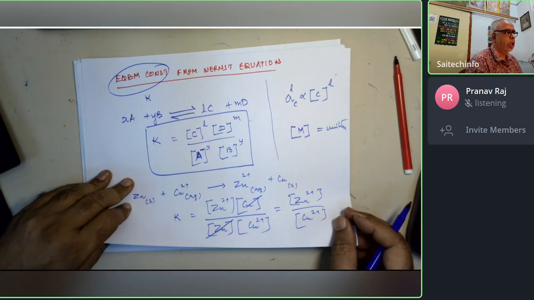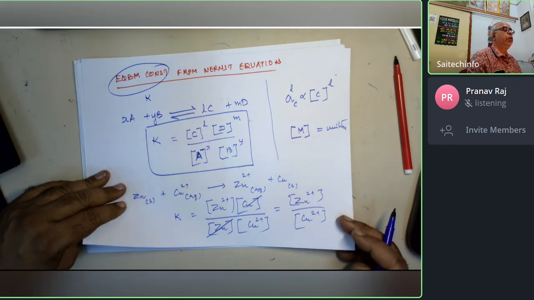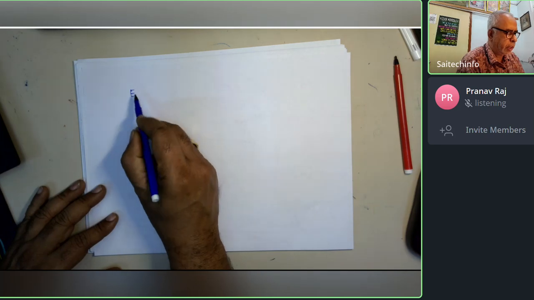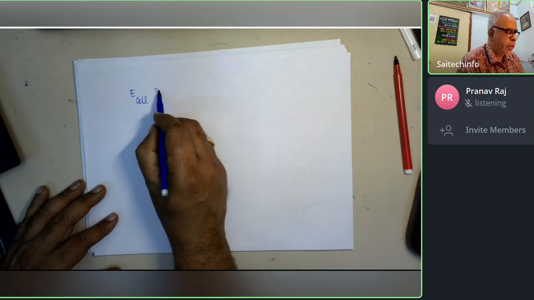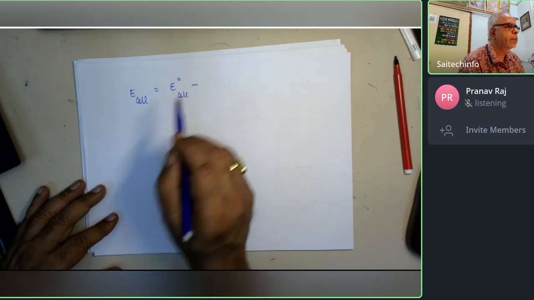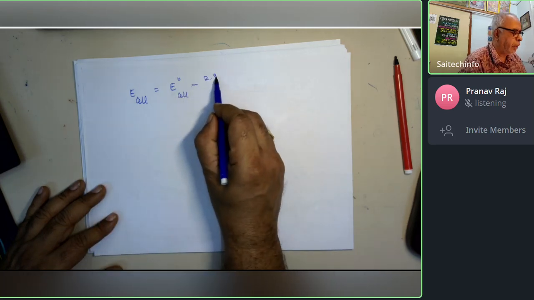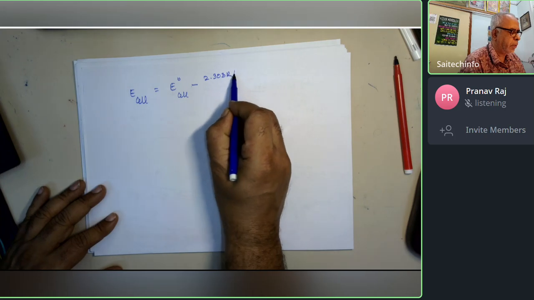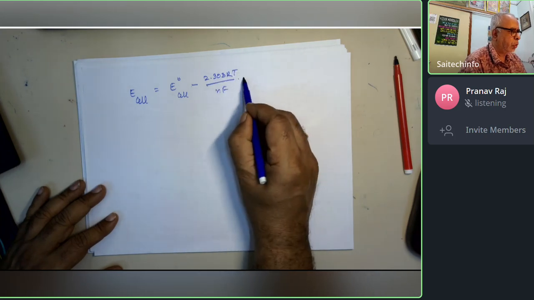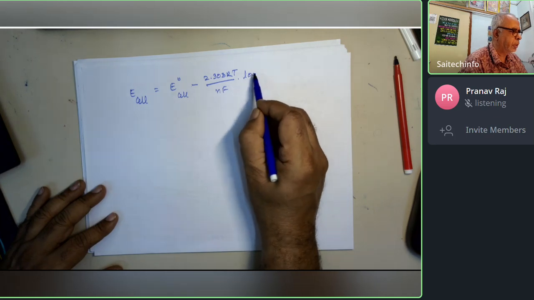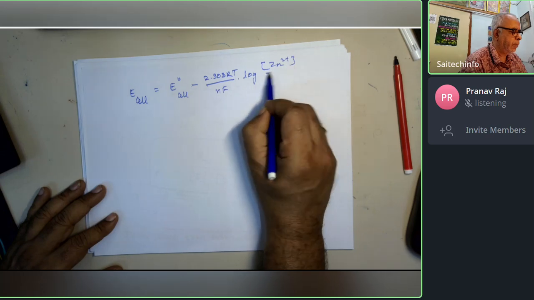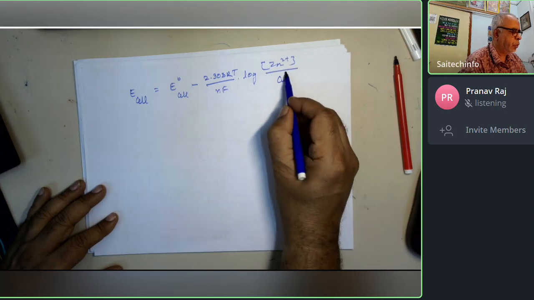Now we know the cell EMF is given by the Nernst equation: E cell is E naught cell minus 2.303 RT divided by nF into log to the base 10 of [Zn2+] divided by [Cu2+].